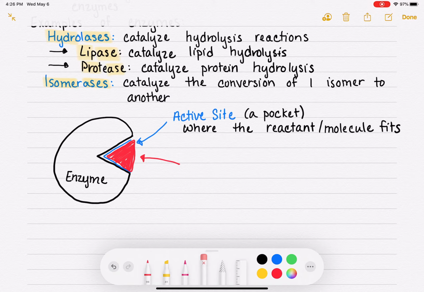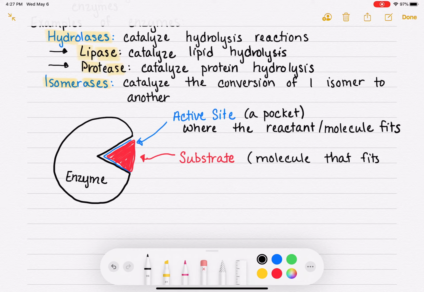And these molecules, when they're in the active sites, or when we're talking about them in terms of enzyme chemistry, a lot of times they are called substrates. So the substrate is just a fancy word for saying the molecule that fits into a particular enzyme.